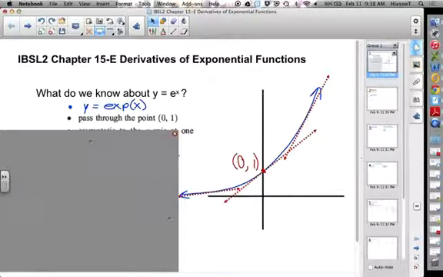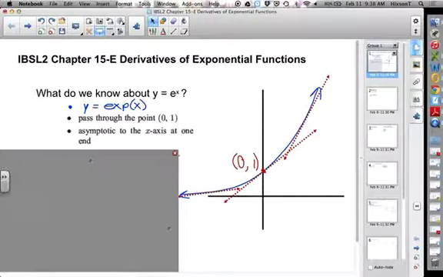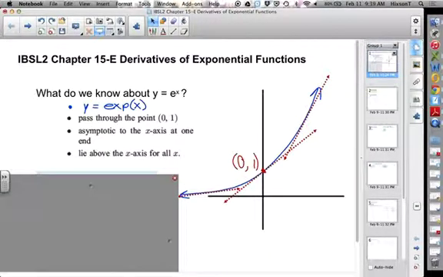A second thing is, it goes through the point (0, 1), which you already said. There's an asymptote at the x-axis as we approach negative infinity, and it's above the x-axis. We're always going to have a positive value for both the y-coordinates and for the derivatives.